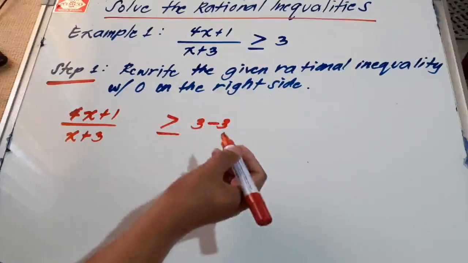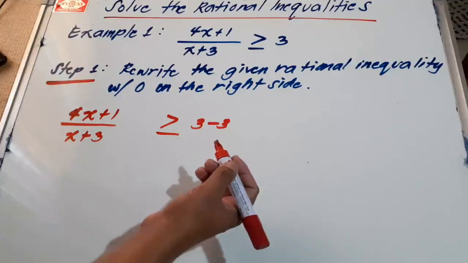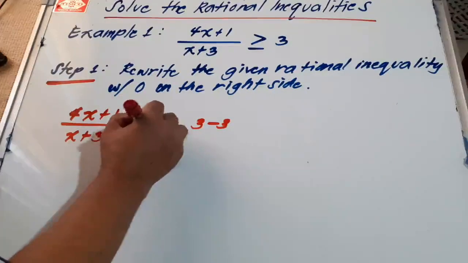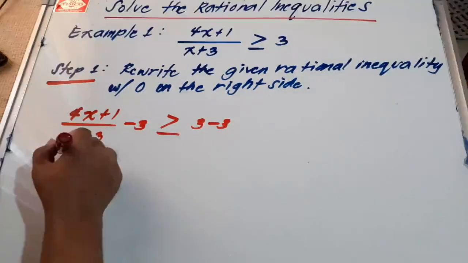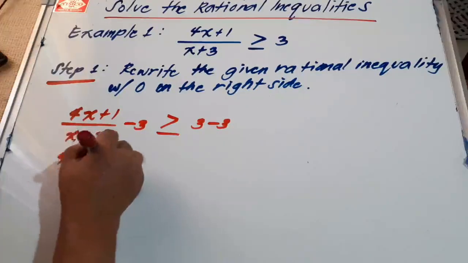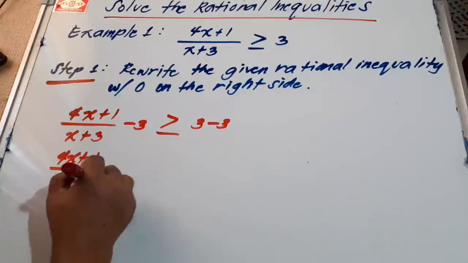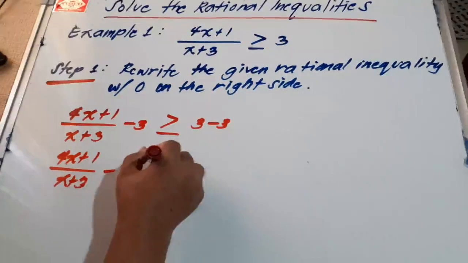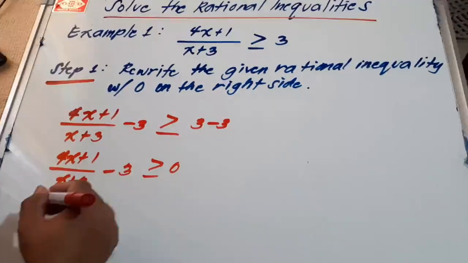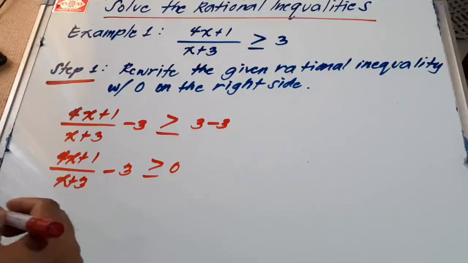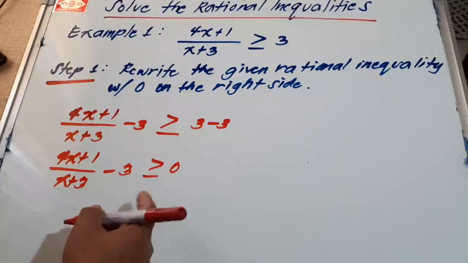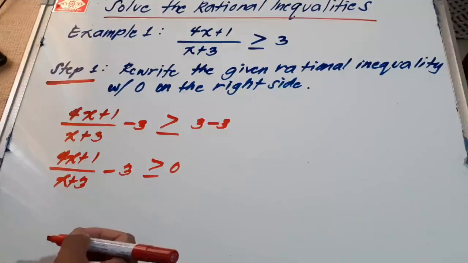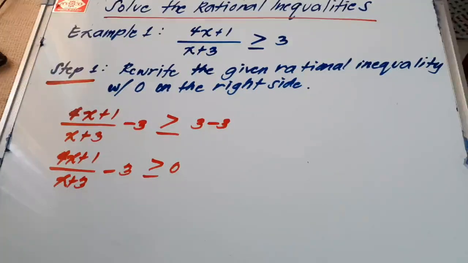So if I subtract 3 from the right side of the inequality, I'm going to subtract 3 also from the left side of our inequality. So the result is 4x plus 1 over x plus 3 minus 3 greater than or equal to 0. So that's our step 1. We have rewritten it as an inequality where 0 is our right side.